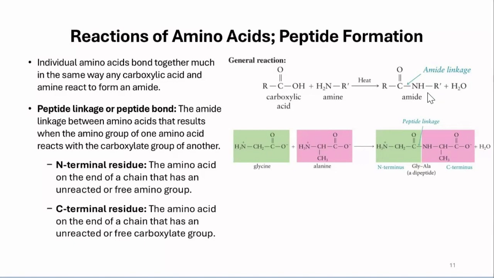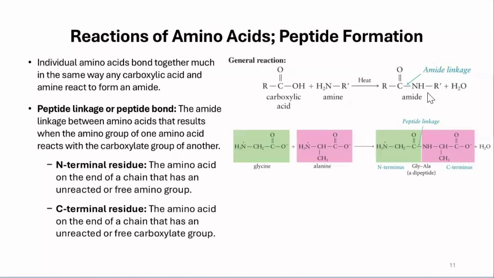So, if we go back into our knowledge of organic chemistry, we previously observed that if you have a carboxylic acid and you have an amine, and you heat them, you can form an amide linkage right here. And the linkage specifically is that covalent bond between the C double bond O and the nitrogen.